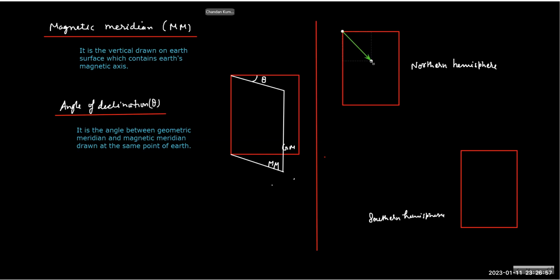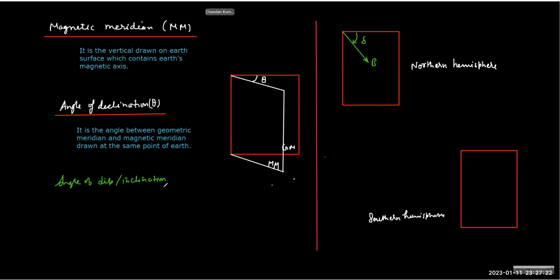So the Earth's resultant field, the net field, is always something like this. And the angle that the net field makes with the horizontal is called the angle of dip or inclination.